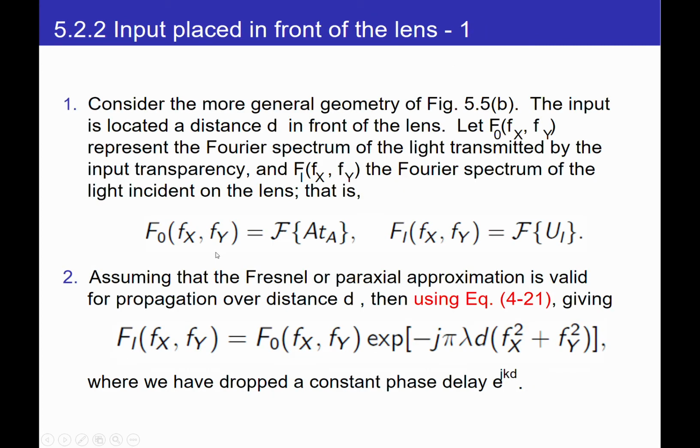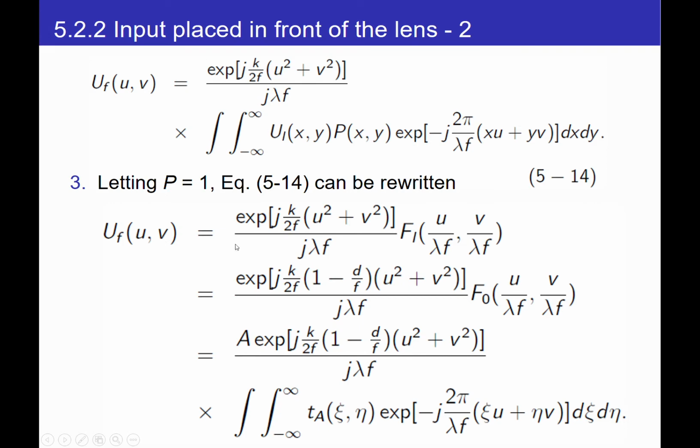So in this special case, when p equals 1, you get ui times this factor, this is 1, and then we have this exponential term, and this is nothing but the Fourier transform.